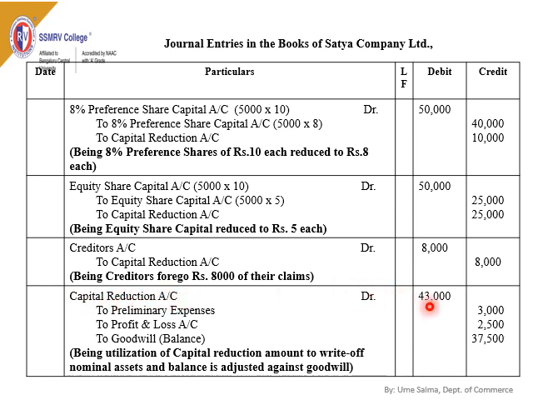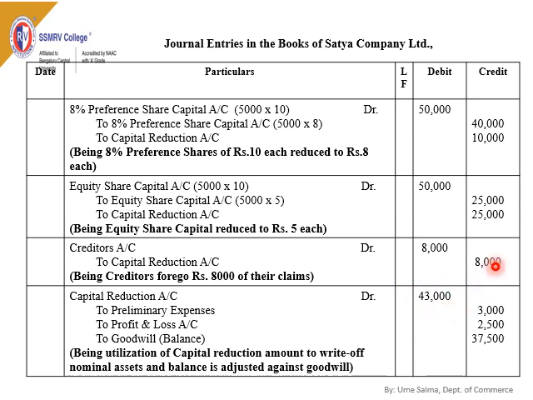Now this is to be utilized towards the write-off of nominal assets, and they are asking that if any balance remains after adjusting the write-off, that is to be adjusted towards the goodwill. So let us see whether the balance remains or not. So capital reduction comes to 43,000.